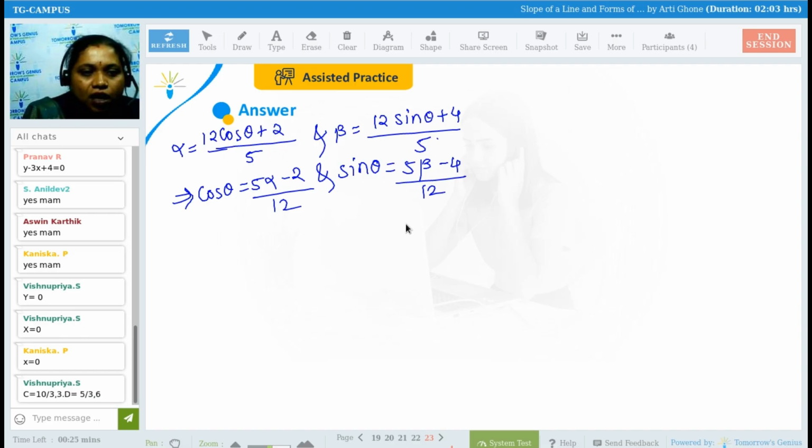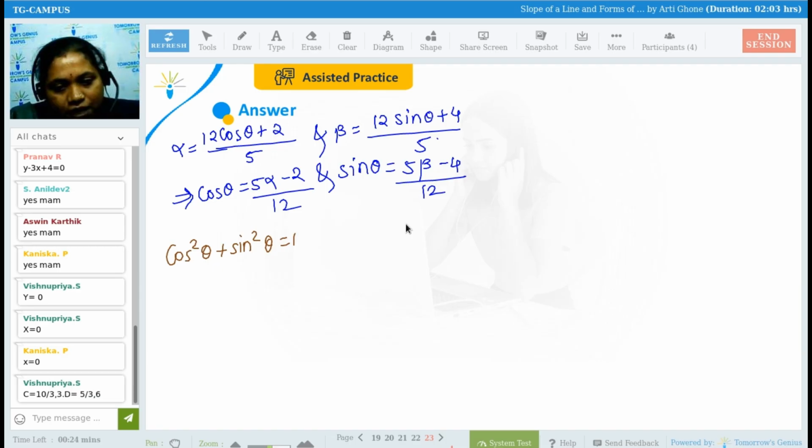Why have I done this? Because we need to find the locus of P. For the locus, we use the basic concept that cos square theta plus sin square theta is equal to 1. If you put in the values, what do you get? Just quickly tell me.